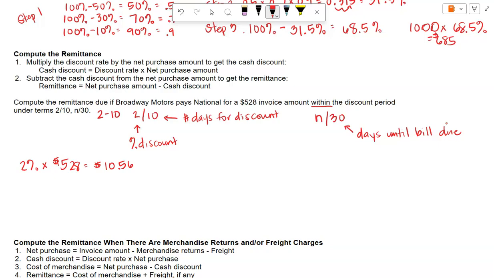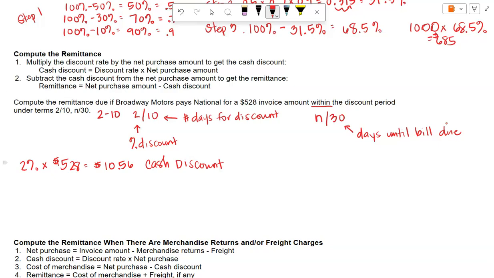So I know 2% is really small, but over the long run, these tiny discounts do add up. Okay, so this is my cash discount amount. So we save $10.56 for paying within 10 days.